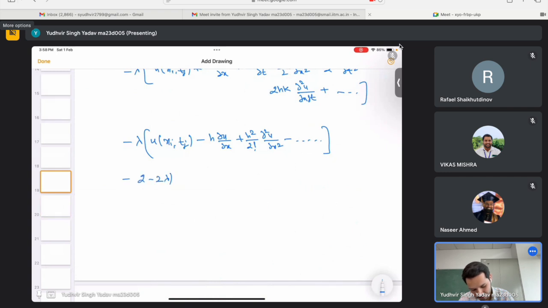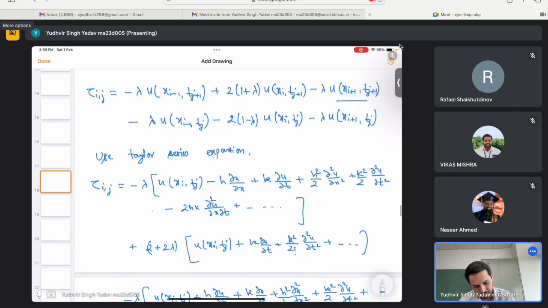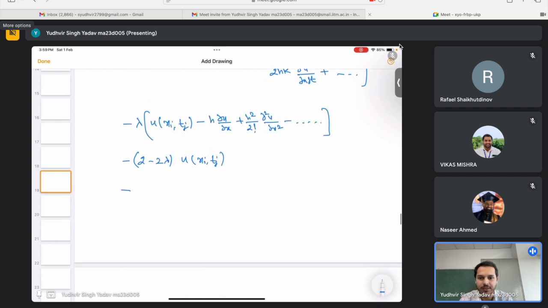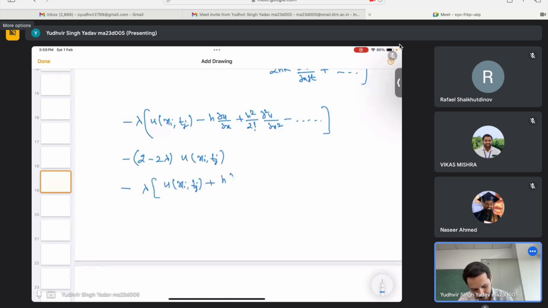It will be u(xi, tj). And for the last term, we will have xi plus 1. So we'll expand using the Taylor series expansion with respect to x direction. So it will be, and so on.